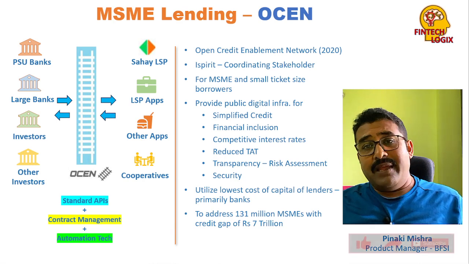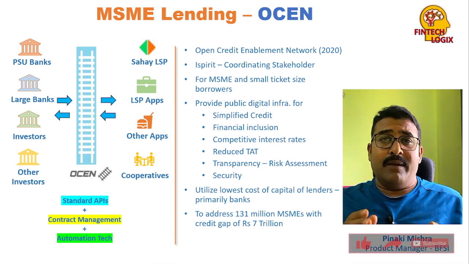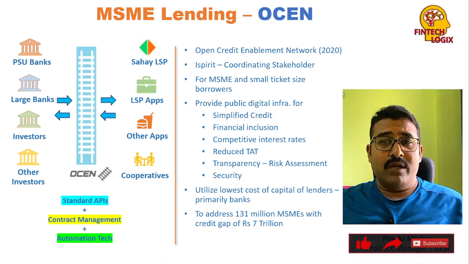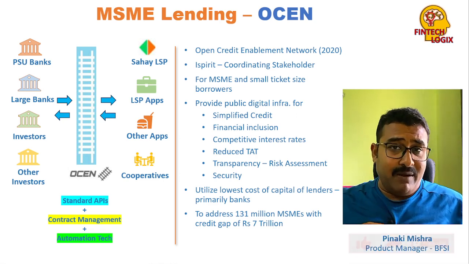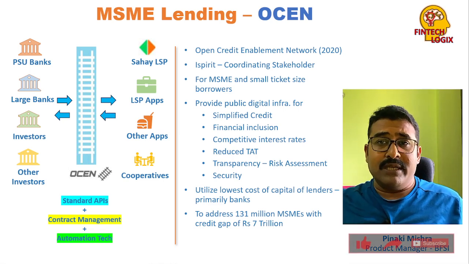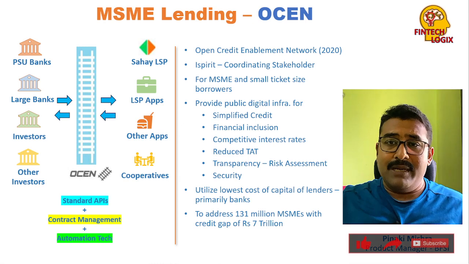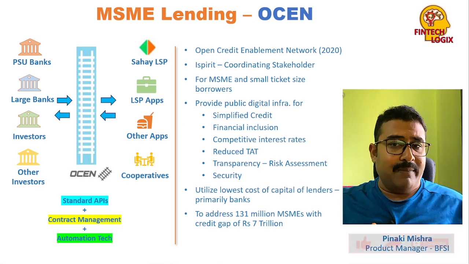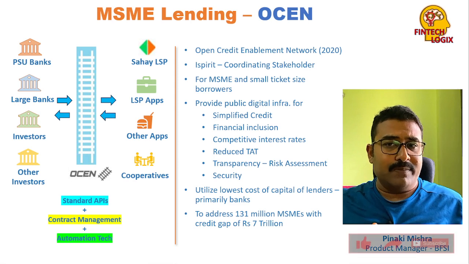Overall, the public digital infrastructure would help in simplification of credit so that multiple borrowers can get connected with multiple lenders or multiple banks through LSPs and make the loans pretty simplified.